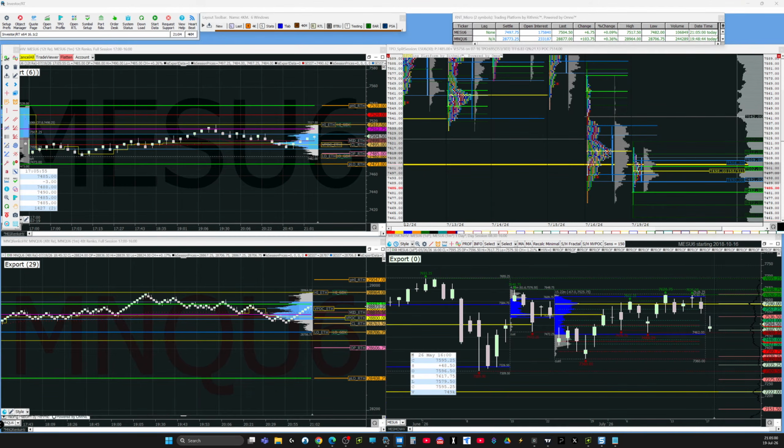Let's put a line, a horizontal line or a box or something. What can we put that'll look normal? Maybe a little rectangle. Let's put a little rectangle around these zones right here, and see what price does with that overnight.